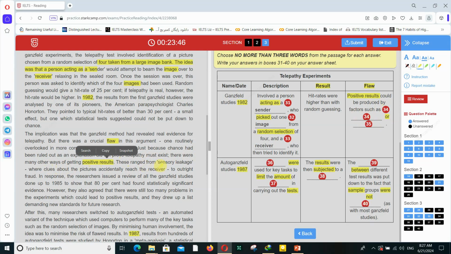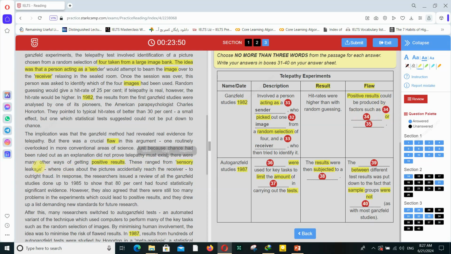This ranged from sensory leakage, where clues about the pictures accidentally reached the receiver, to outright fraud. You see, either of the two, sensory leakage or outright fraud. So here you're writing sensory leakage.